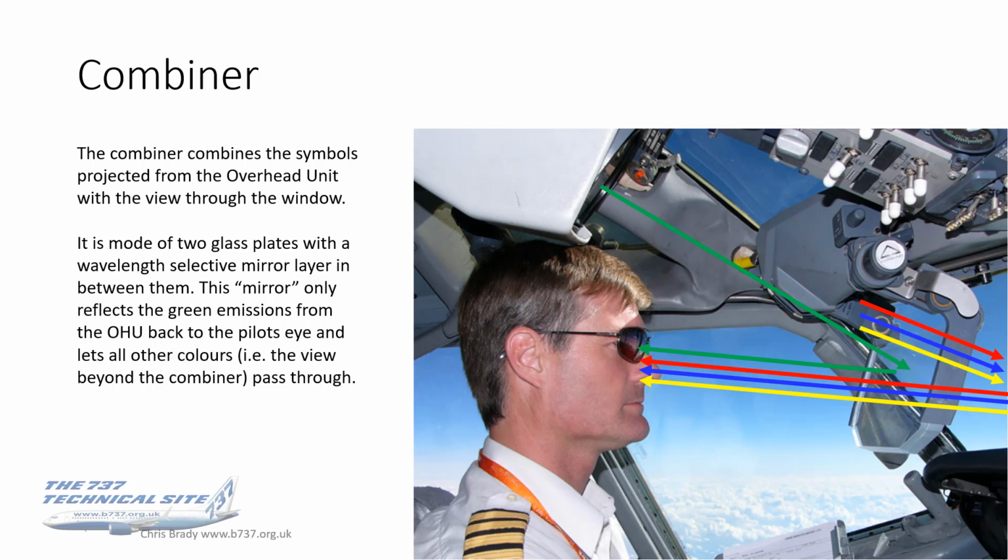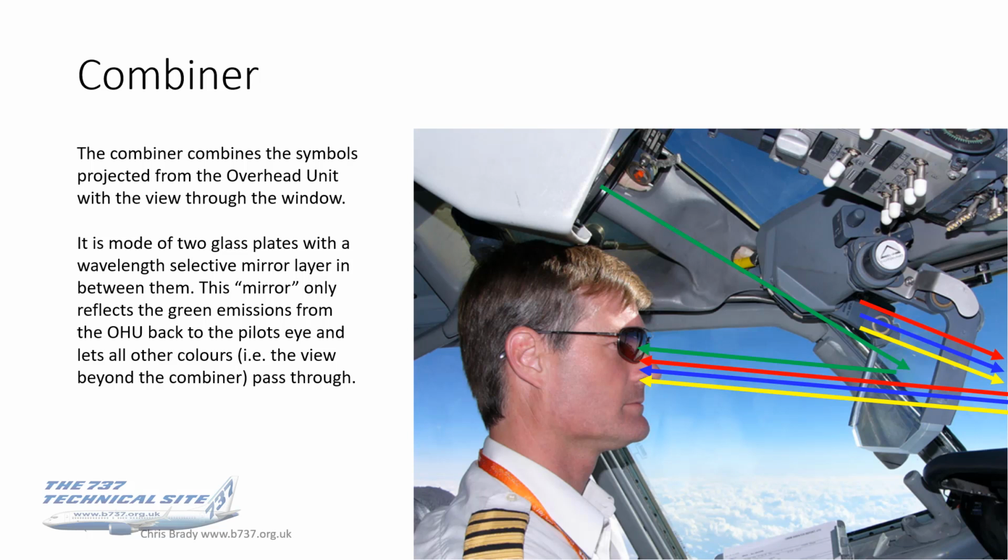So what you've got is two glass plates with a wavelength selective mirror layer in between them. It's kind of a one-way wavelength selective mirror, and this will only reflect the green emissions from the overhead unit back to the pilot's eye, and it'll let all the other colours through in both directions.